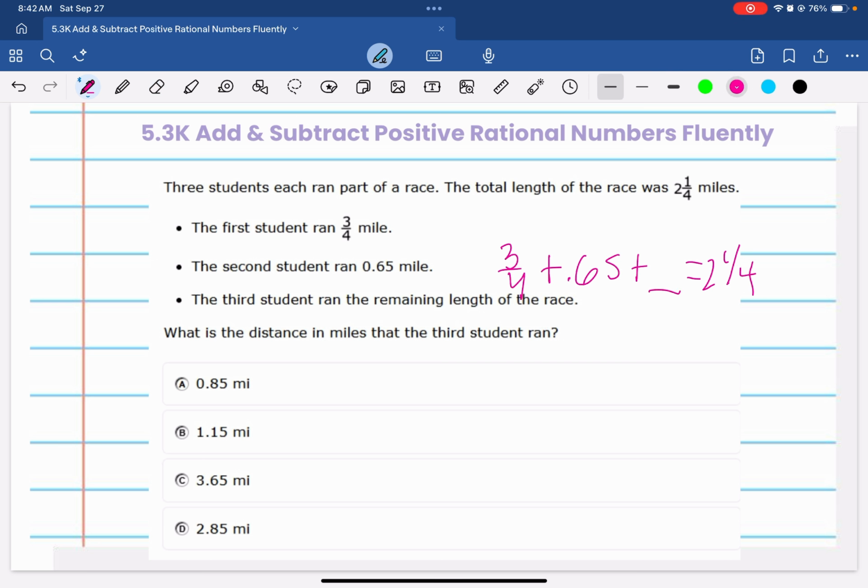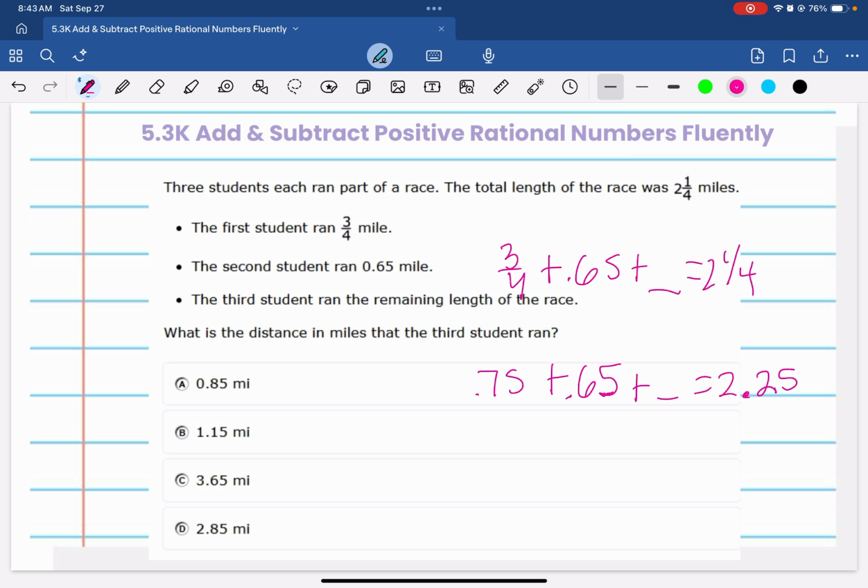All right, so if you notice the answer choices, they're all decimals. So what that's telling me is we have to convert all of these, which is nice because they're benchmark fractions. So that's 75 hundredths. There's no decimal there. Plus something else is equal to 2 and 25 hundredths.